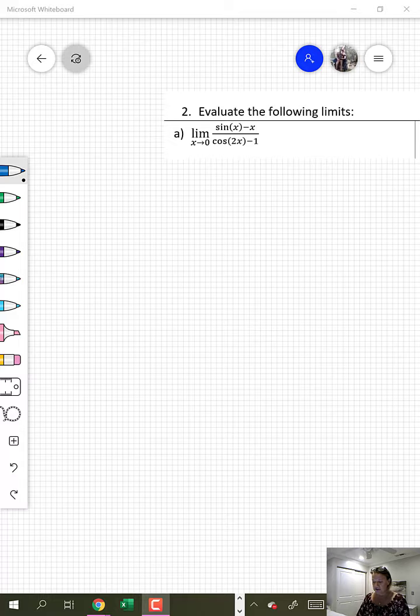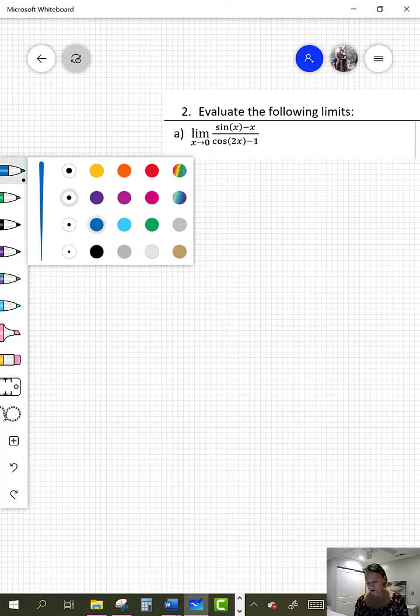So question 2 says, look at the limit as x approaches 0 of sine of x minus x, that quantity, all over cosine of 2x minus 1. So first thing you want to do when you're doing limits is do direct substitution.